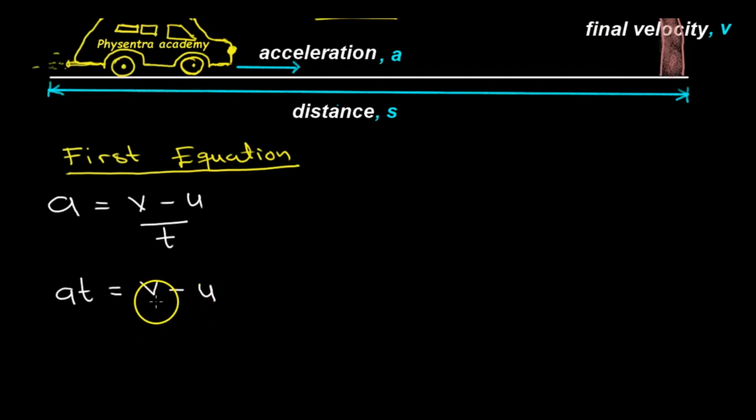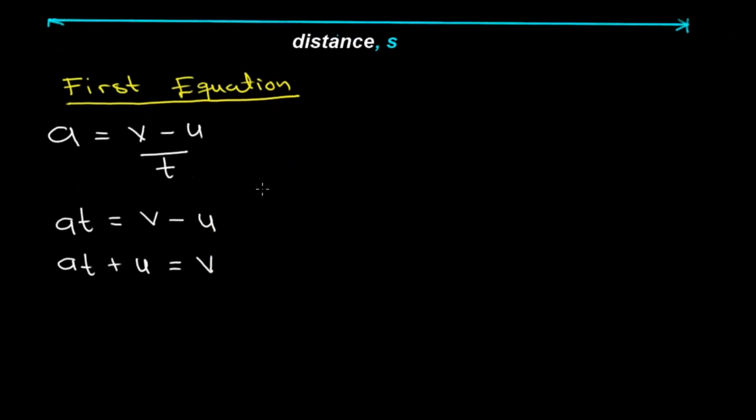I want to make v the subject, so I bring u this side and the sign will change to positive. at plus u equals v. Now, it is preferred that we always write our subject on the left hand side. So I'll bring my v here to be equal to u plus at. So this gives me the first equation of linear motion.